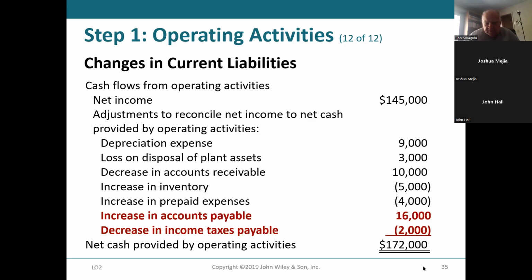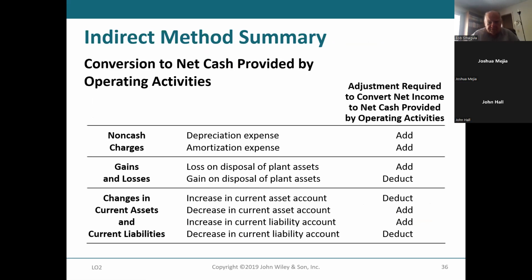So now what they're saying is that 172,000 is the net cash provided by operating activities. Now they're talking about non-cash charges. This is a good little slide to look at. It's telling you what to do with the depreciation expense, the amortization, and the gains and losses.